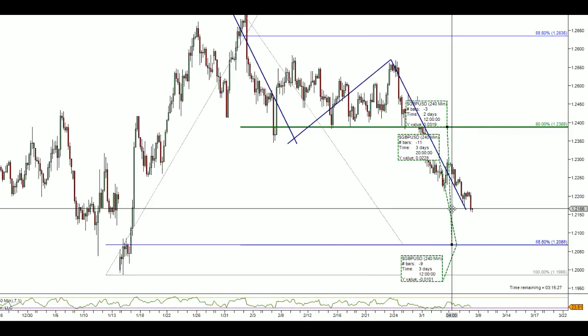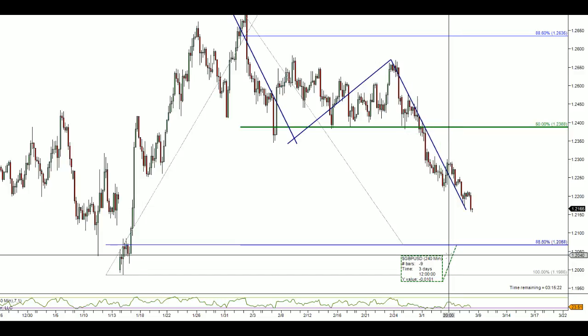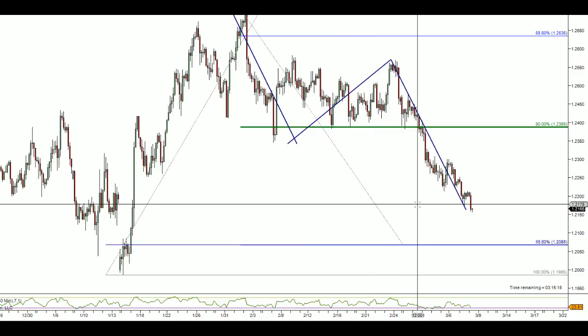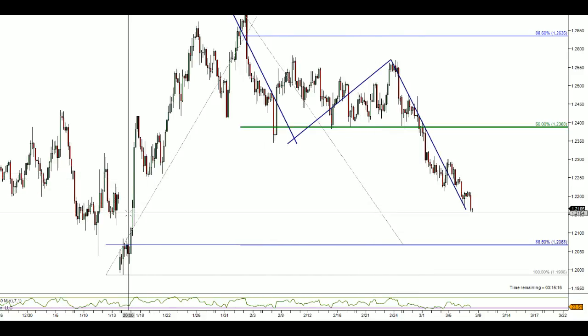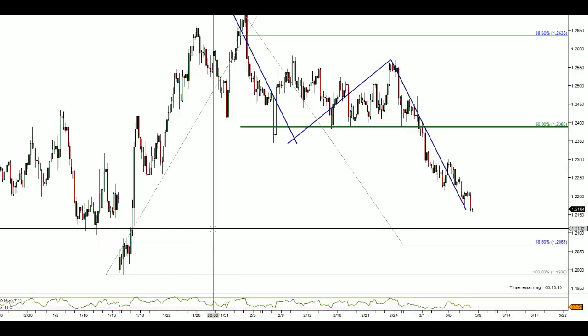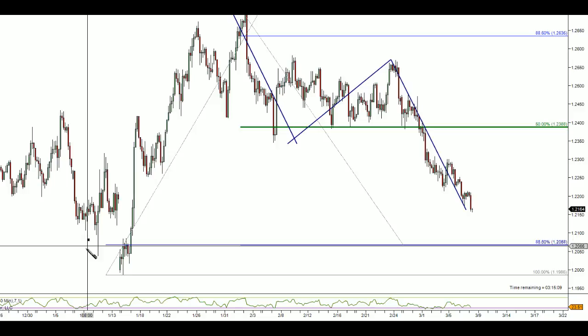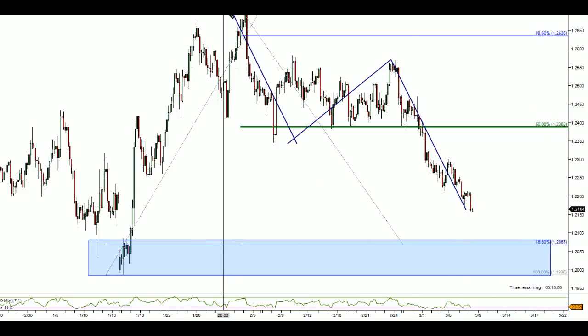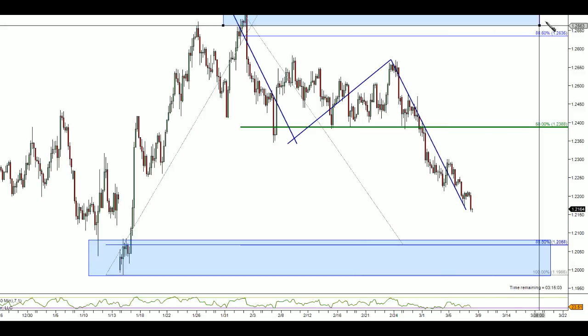I thought I deleted all this, but I guess it's going to kind of give it away. If you look here on the 240 chart, this here is the lowest level, and of course this here is the highest level.